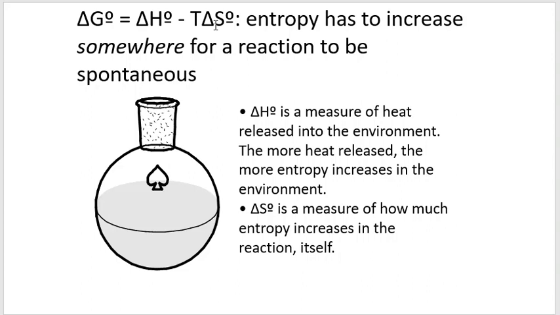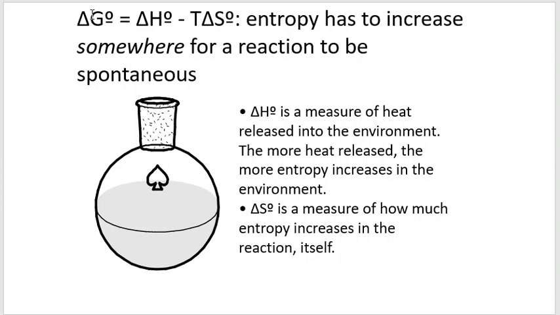The thing to realize about this equation is it's really just telling us that in order for a reaction to occur spontaneously, entropy has to increase somewhere, because entropy is the arrow of time. Entropy is the thing that has to increase as time goes forward.